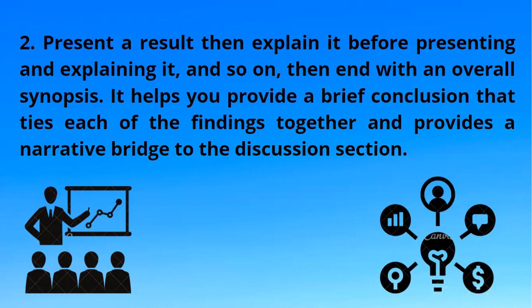In the second way or format of presenting your result, what you will do here is to first present a key finding or result. Then you explain it. In the latter part, you will give your summary or brief conclusion. Here we are trying to link or bridge our result to our discussion chapter as we are about to switch phase and go over the discussion part of our research study.